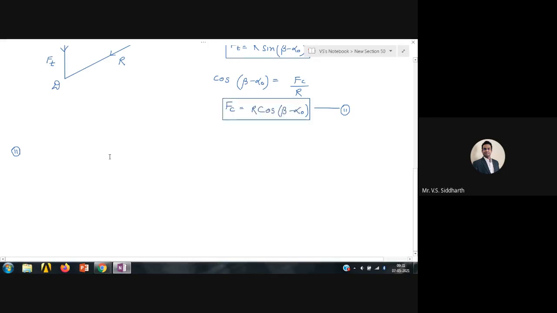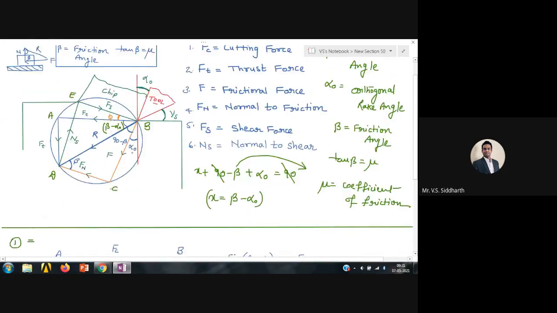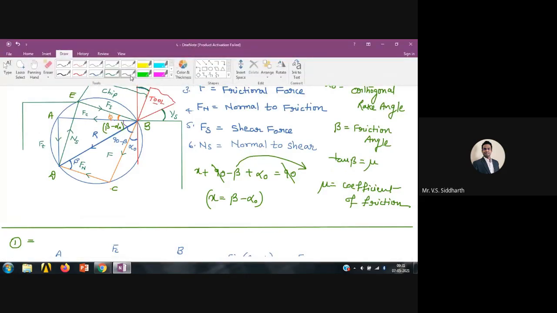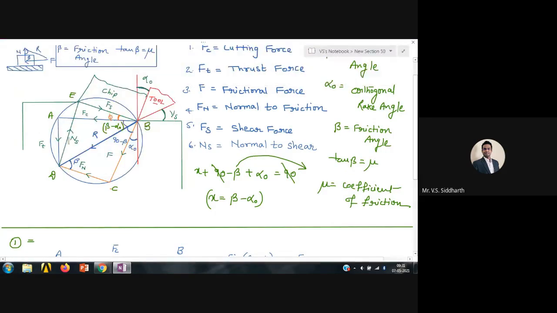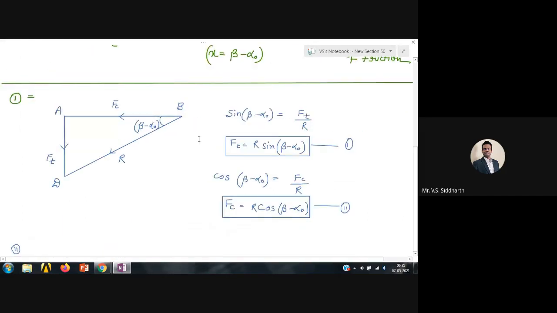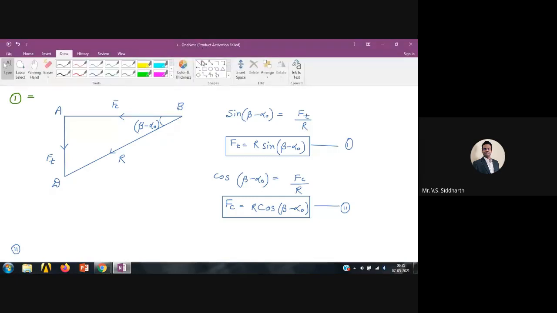Now I will take another triangle, in which I am having the shear force, normal to shear, and the resultant. This triangle I will be taking into account. This is triangle EBD. So I will draw this triangle EBD.